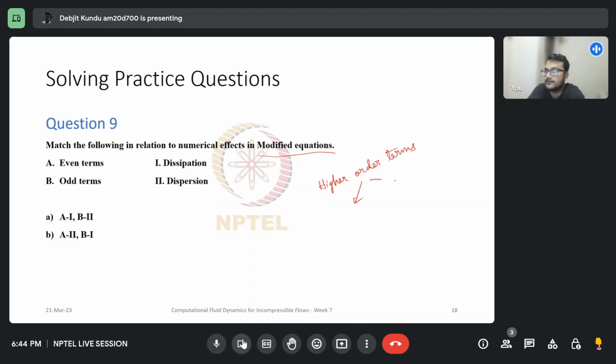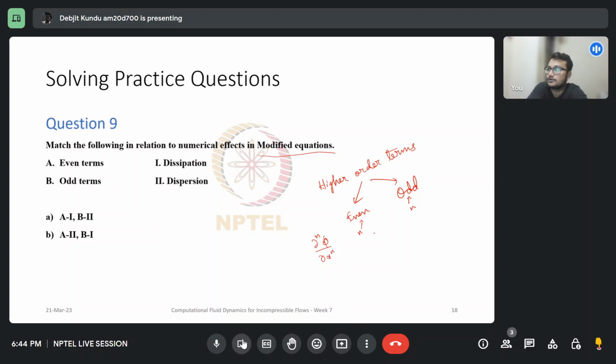These can be divided into even terms and odd terms, basically the order of them. So if let's say there is ∂^n φ/∂x^n, if n is even, then that term we will call even, and if n is odd, we will call that term odd, right?